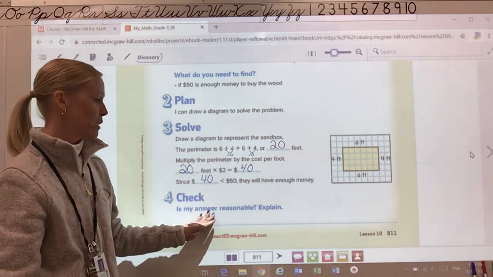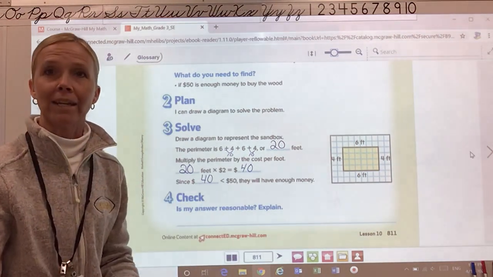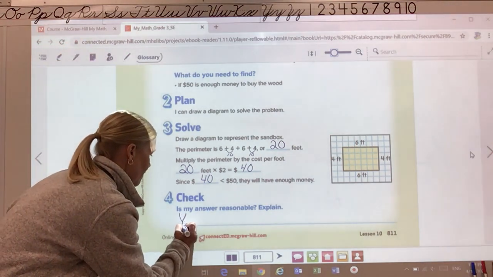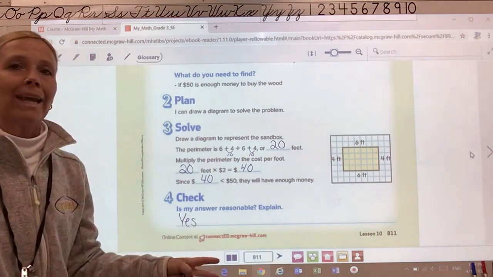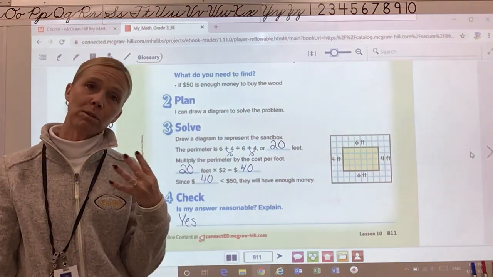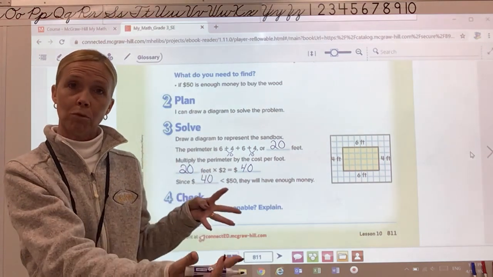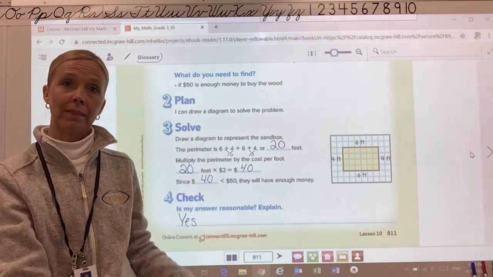Now, is my answer reasonable? And explain. Well, yes, we know the answer is reasonable, so we're going to say yes. Now, explain. Remember in math, I said it's nice because when we're explaining things, we don't have to necessarily write things out in words. We can actually show math problems to explain how we got the answer.